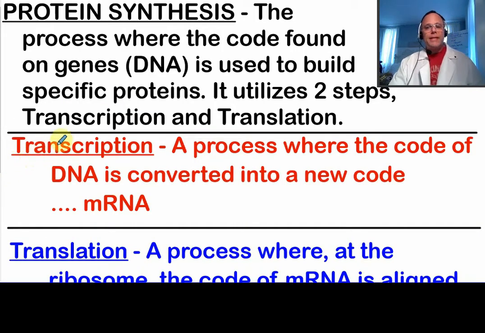All right, protein synthesis, the process where the code found on genes, DNA, is used to build specific proteins. It utilizes 2 steps, transcription and translation. Transcription, a process where the code of DNA is converted into a new code, mRNA.